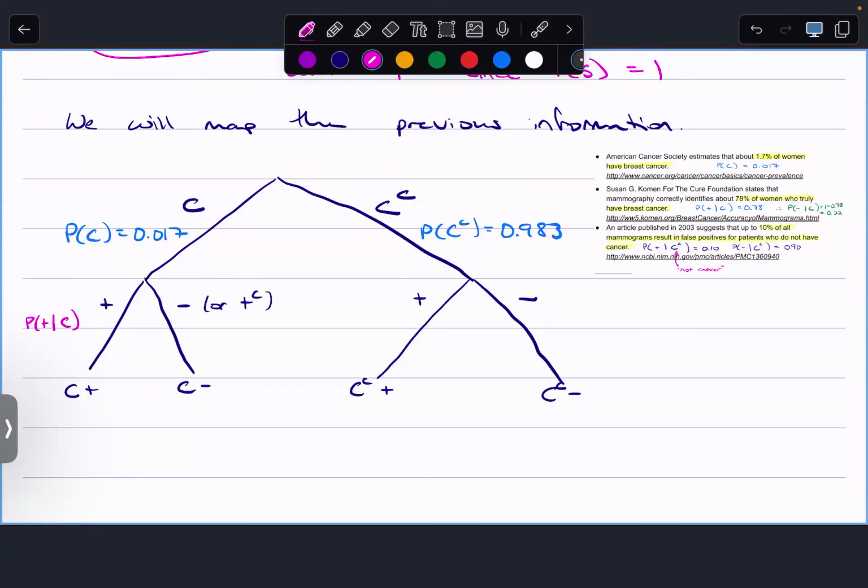And so the probability of testing positive, given that they have cancer, we were told was 0.78.